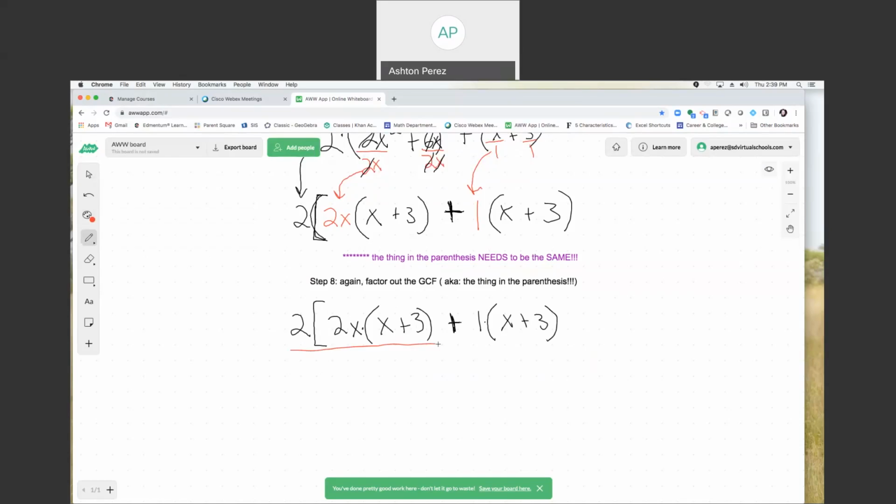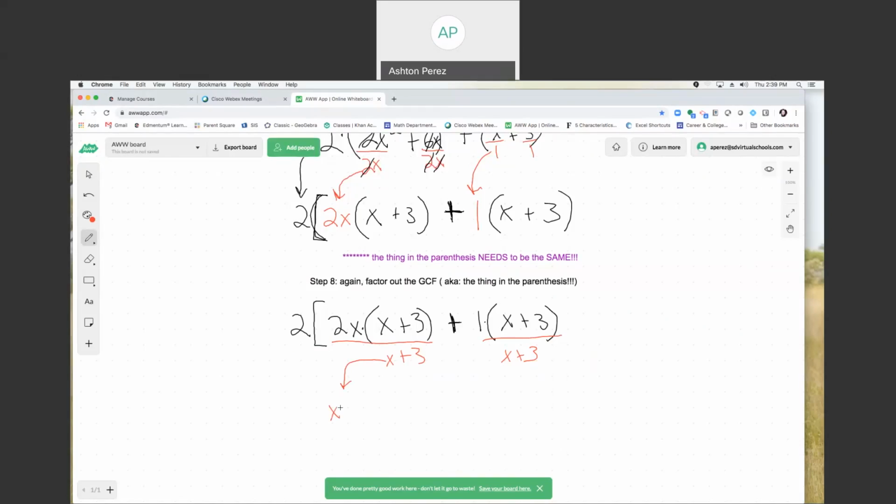So it kind of just tells you exactly right there what to do. Okay, we are going to factor out an x plus 3 from each term, and we only got 2. Okay, now when we do that, it's just like anything else. So see this arrow that dropped it down here, it doesn't magically disappear. So when we factor out a GCF, we are dividing, and it does not magically disappear.